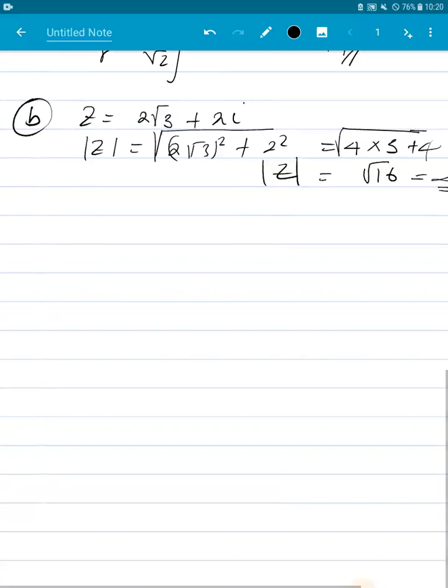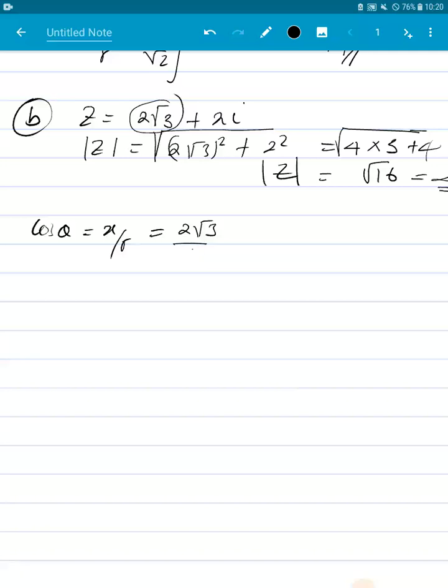Now that I know my modulus, I can go on and find cos theta. Cos theta is equal to x over r. What is our x? Our x is 2 root 3 over 4, to give me root 3 over 2. Sin theta is equal to y over r, and y is just 2 over 4, which is half.